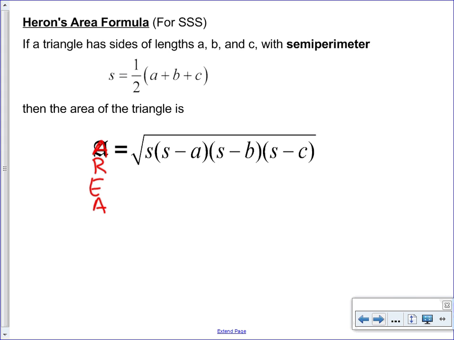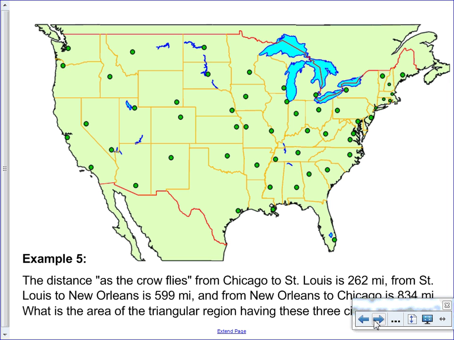Alright, here we go. We're going to start with the word problem. Let's see if you know your geography. Where is Chicago? Here's Chicago. Where's St. Louis?